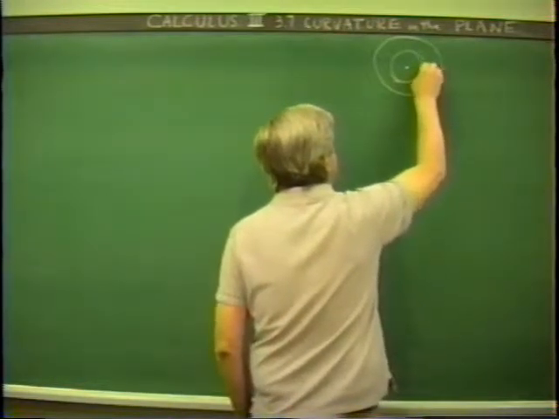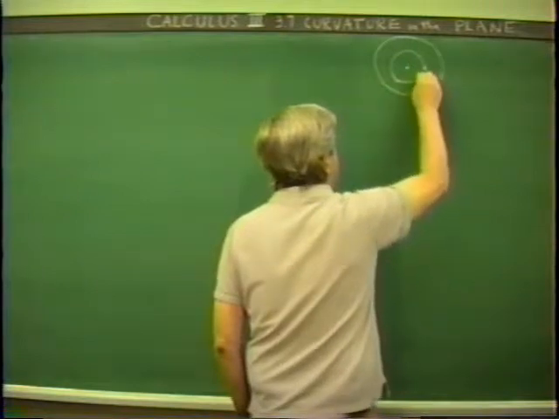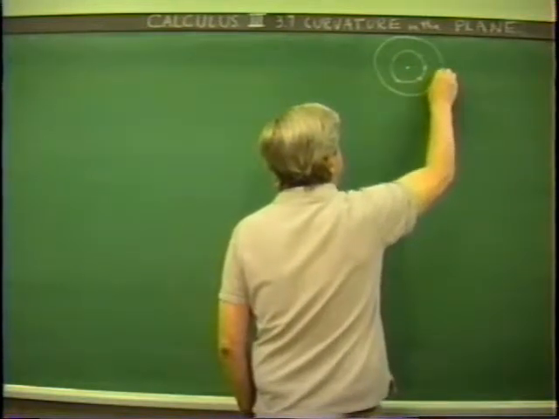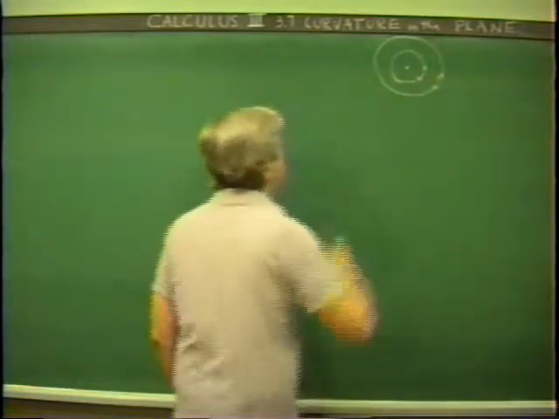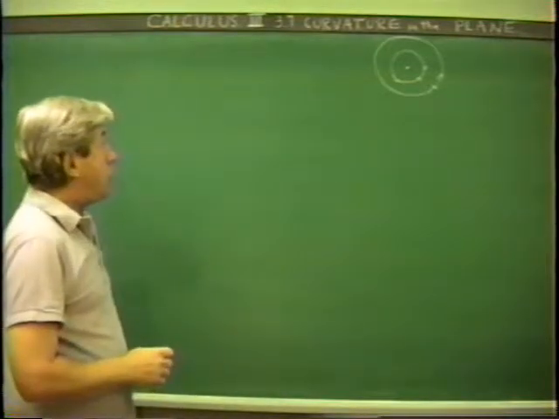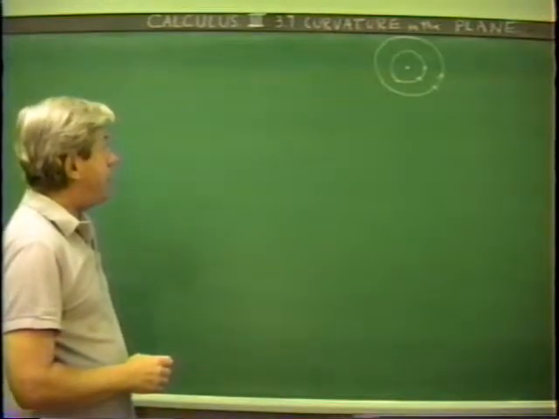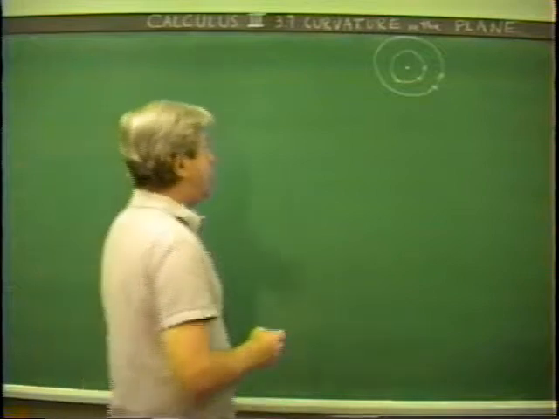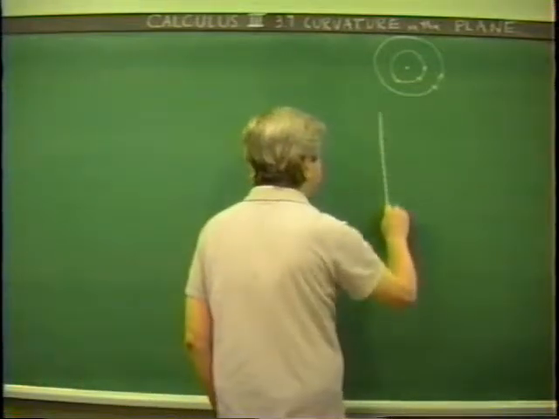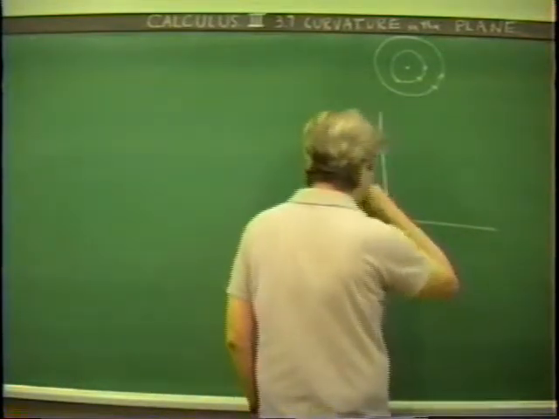If you try and traverse a larger circle at a constant rate, the circle doesn't curve as much, and so a larger circle should have smaller curvature.